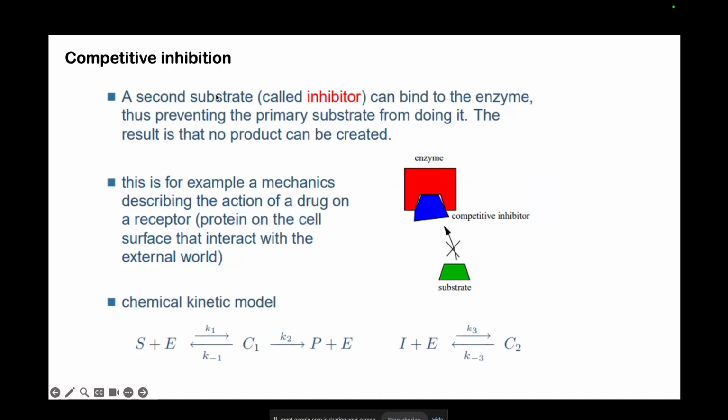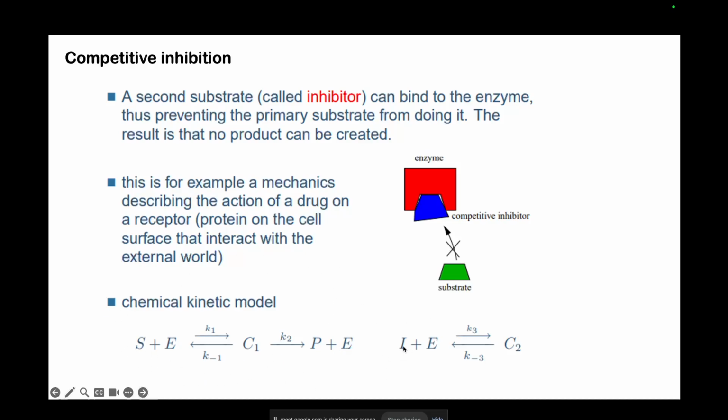So a second substrate, which is the inhibitor, can bind to the enzyme, and if it does, there will be no product created. So the model will look something like this. You have enzyme and substrate, you have this reversible reaction forming the enzyme substrate complex, which gives the product and the enzyme. This will be your original kinetic equation.